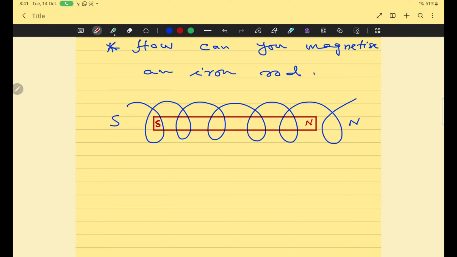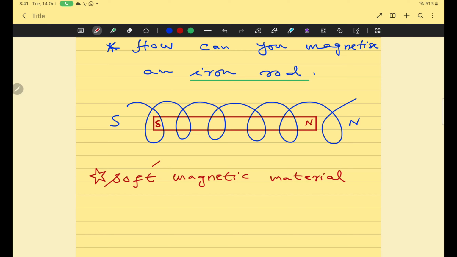But remember, iron is a soft magnetic material. What is the meaning of soft magnetic material? Soft magnetic material means iron.